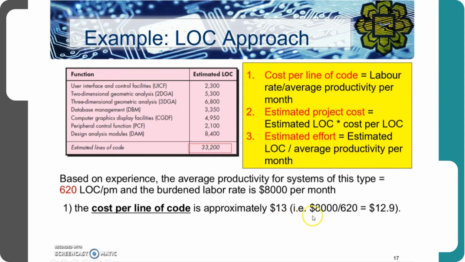Based on experience, the average productivity for systems of this type is 620 lines of code per month, and the burdened labor rate is 8,000 per month. So we use the first formula: labor rate, that means 8,000 per month, divided by 620, and we get around 12.9, which we round up to $13. So that is the cost per line of code.